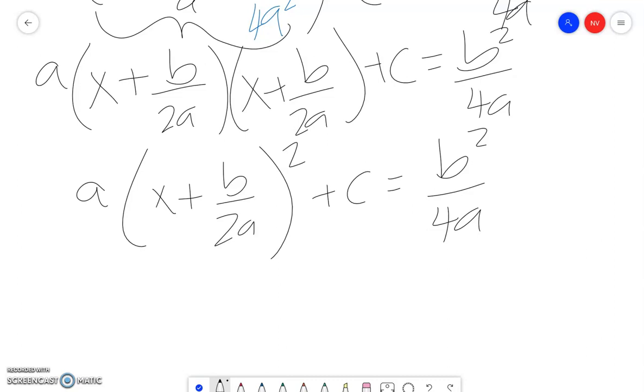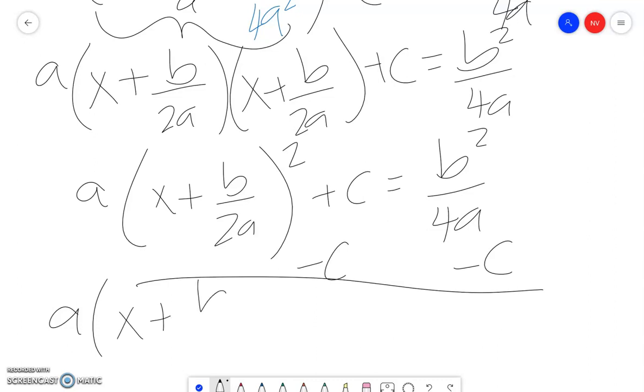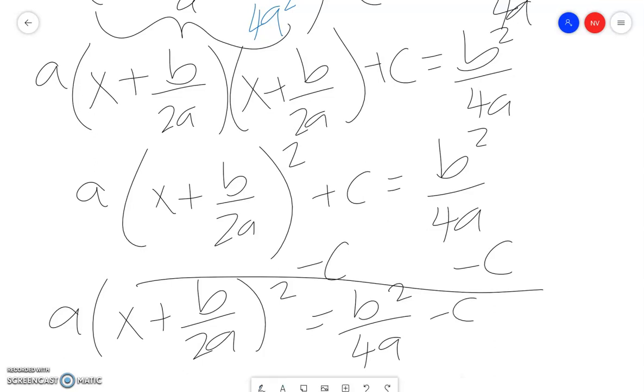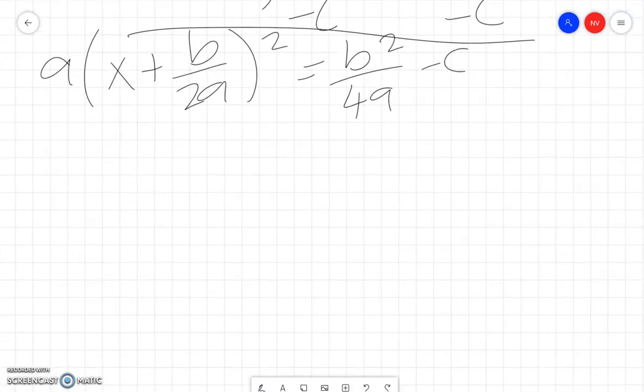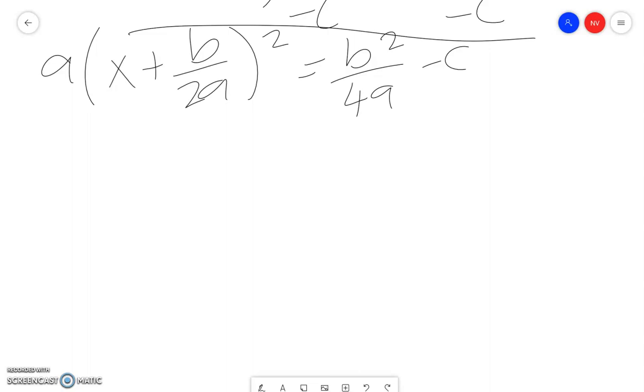And then we want to start to solve for x. So getting x by itself, we're going to want to move the c to the other side. So I'm going to subtract c from both sides. Then get rid of the a that's multiplied on the outside.